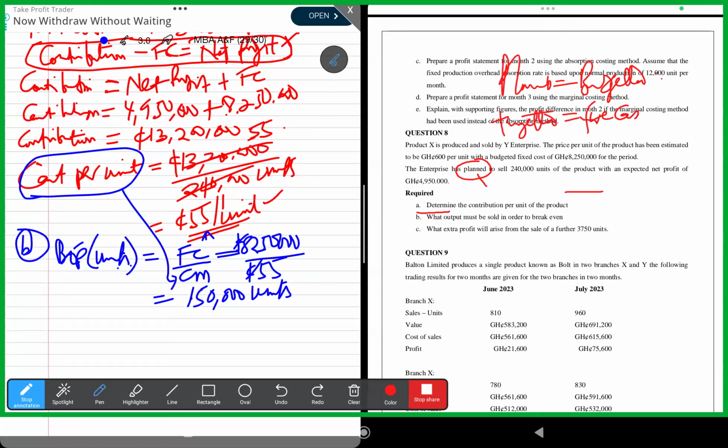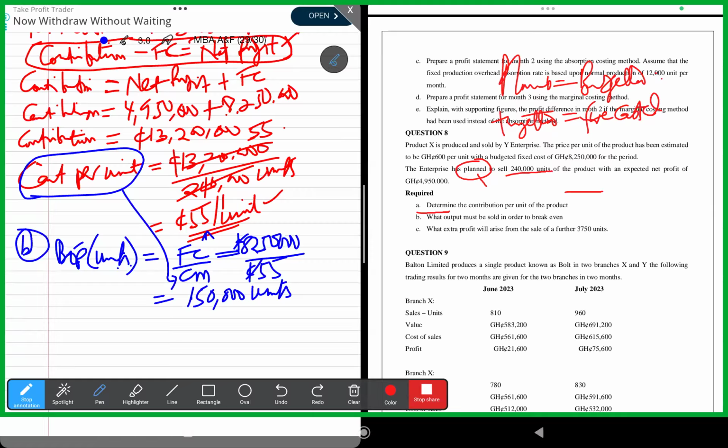Whichever word they use, it just refers to the same thing, because CVP is a decision-making tool, and in decision-making the values can keep changing. So it's a futuristic value they are talking about, 240,000. The business plans to sell 240,000 units.